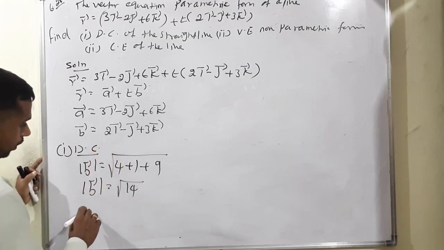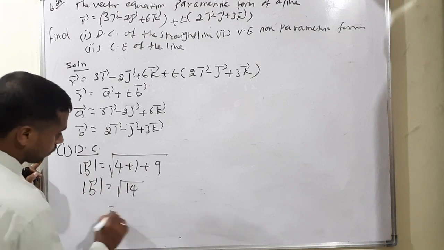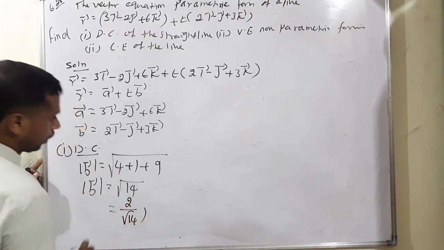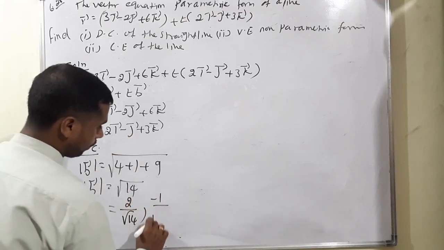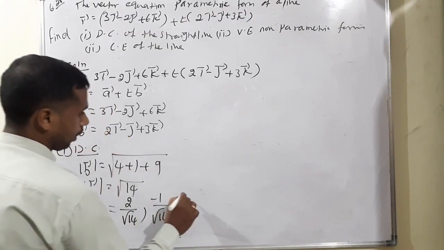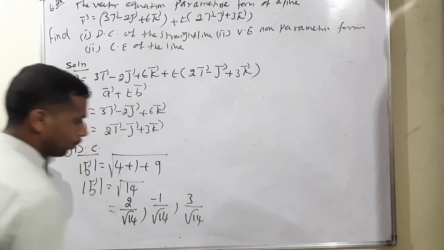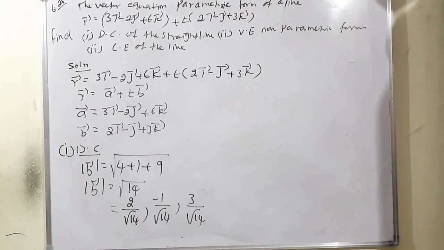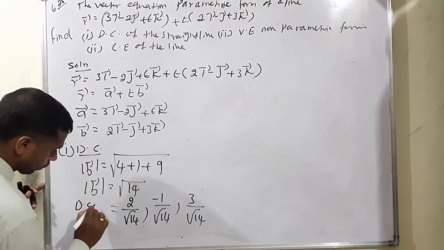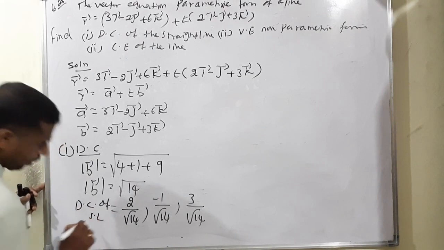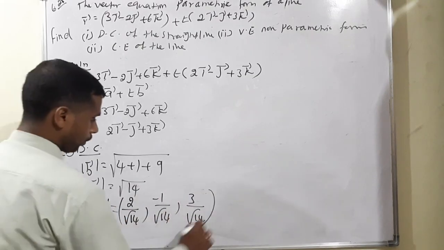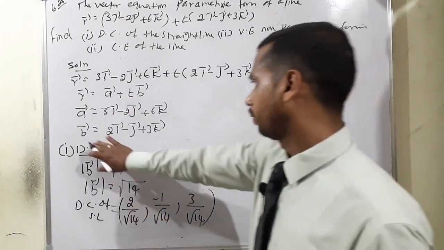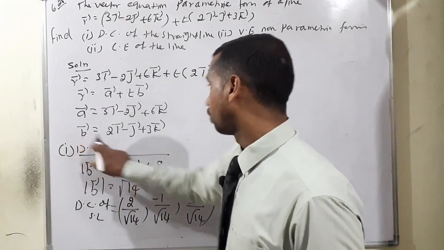So the direction cosines are 2 by square root of 14 for i, then minus 1 by square root of 14 for j, and the last one 3 by square root of 14 for k. We can write these as the direction cosines of the straight line, just comparing with the direction, which is called the b vector.